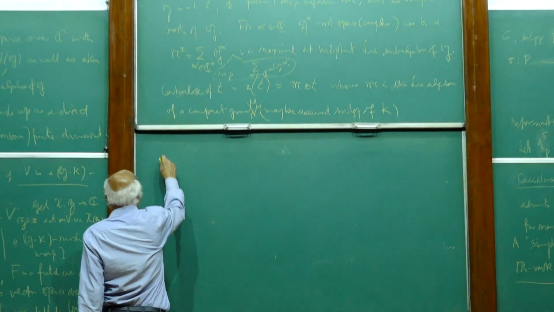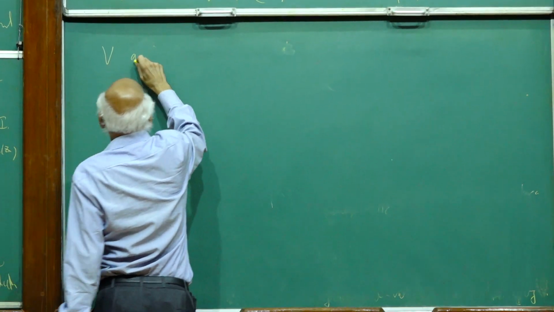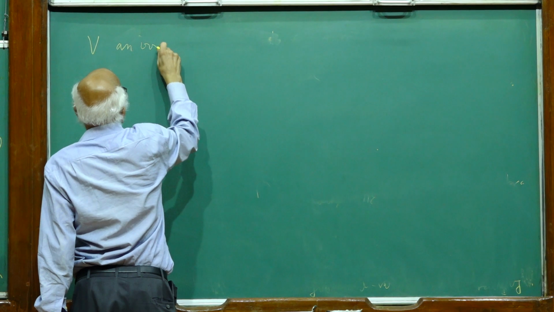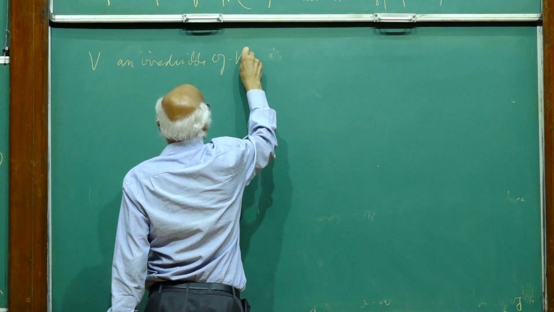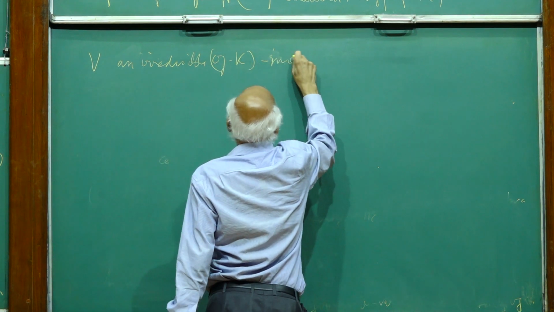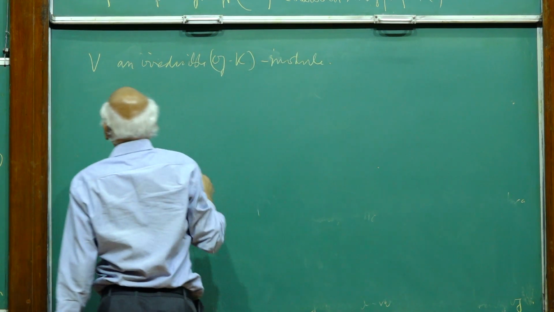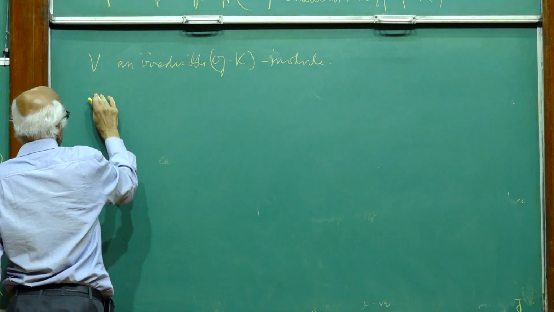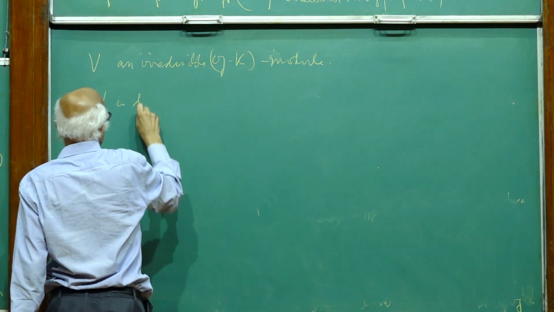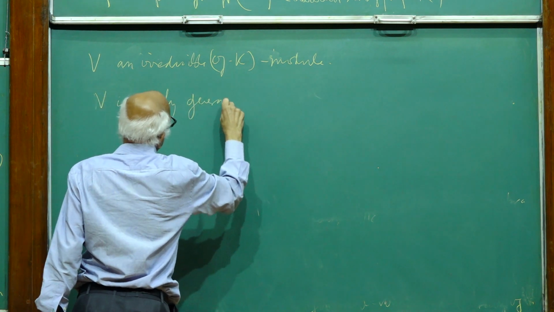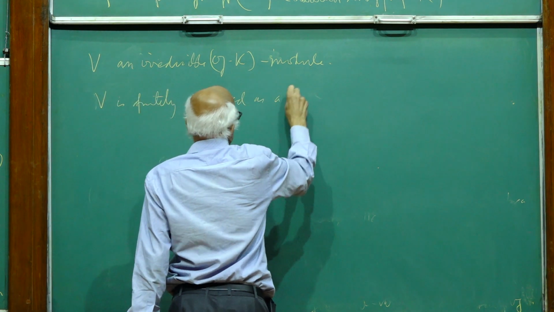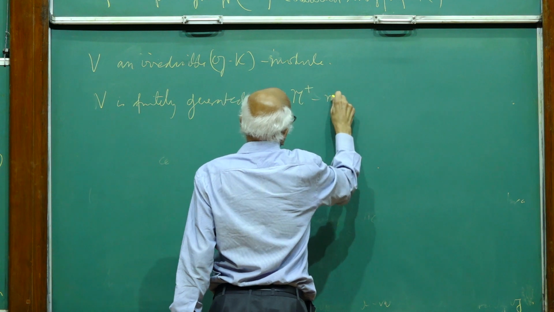So let's start with V an irreducible GK module. This implies that V is finitely generated as an n plus module.